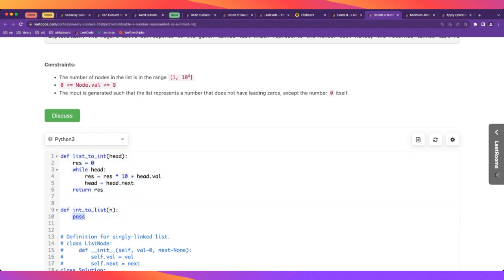And now we want to do the inverse. And here, again, we need to take into account that we want the list to be from the most significant digit to the least significant. But when we process the number, it's easier to process it from least significant because we can use the modulus operator.